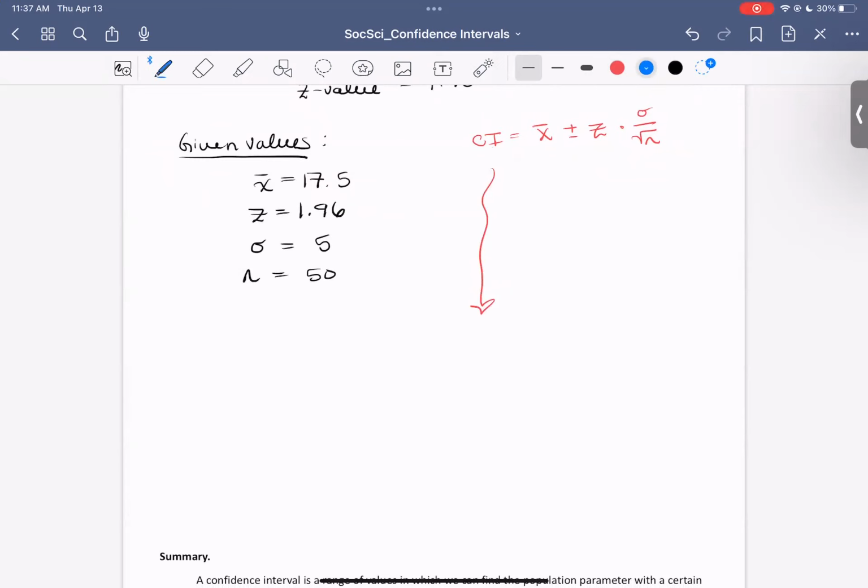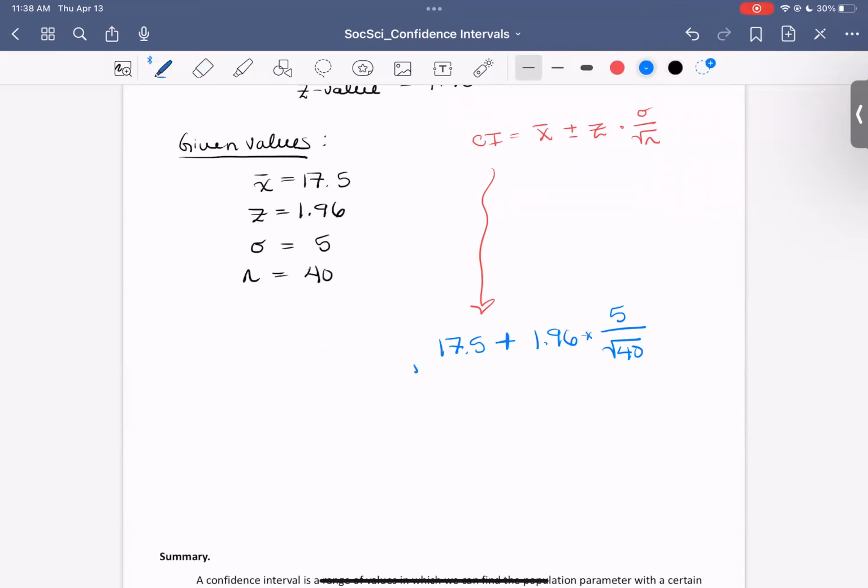So for us, that would look like X bar is 17.5. We can do the addition first, plus 1.96, our Z, times sigma 5 over root N, which is 40. And I see I made a small typo here. This N is 40, not 50. The 5 snuck in.